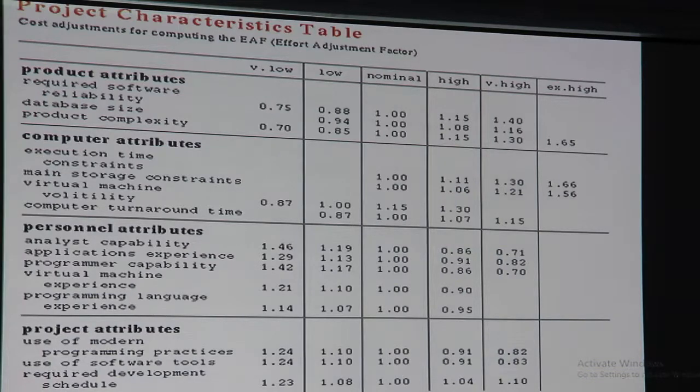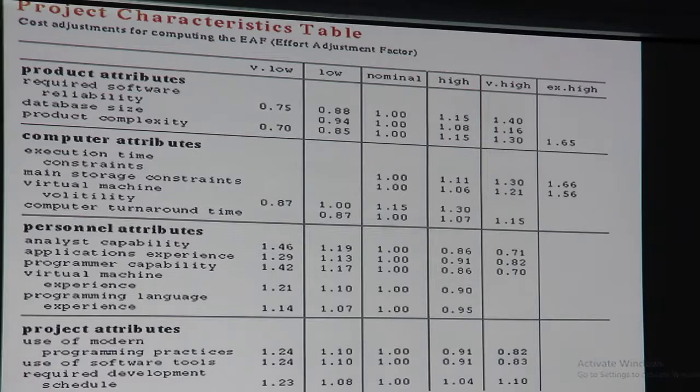If you see very clearly, this project characteristic table comprises 4 attributes. So there are 4 blocks. Something which is in bold, the first line, says product attributes. Then there is something called computer attributes, personnel attributes, and last is project attributes. Now these attributes have values in terms of very low, low, nominal, high, very high, and extremely high.